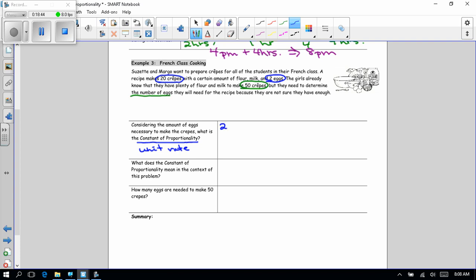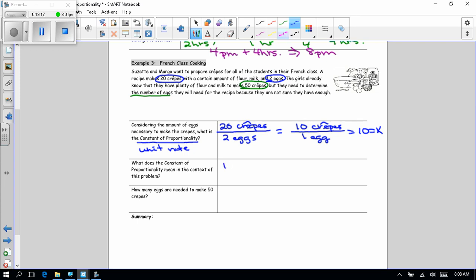So if I take 20 crepes and I divide by the 2 eggs needed for those 20, I can really make 10 crepes over the 1 egg, right? I only have 1 egg in the house. How many could I make? I could only make 10. So there is my constant of proportionality. I could call it 10. I'm going to label that the letter K because that's my constant of proportionality.